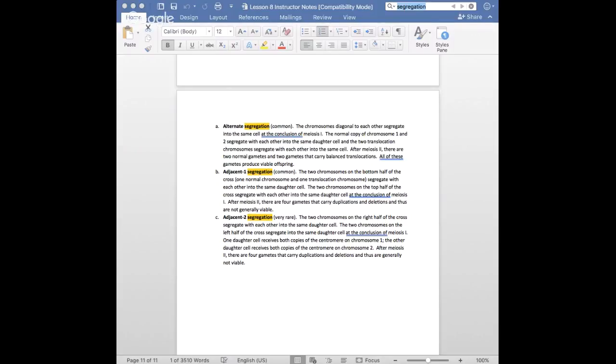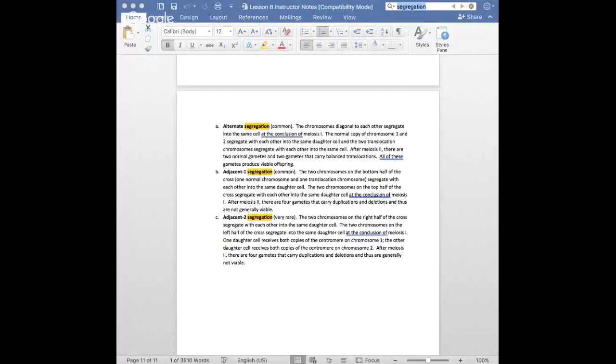And for B, it says to identify the allele composition. So in the alternate segregation, the allele composition is going to be chromosome 4 and chromosome 3, they're going to be in the same daughter cell. So that's going to be the MNOGH centromere IJKL, and then going to be the DEFP, and then centromere QRST.